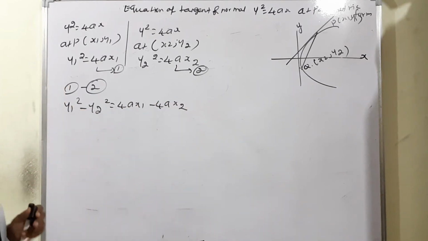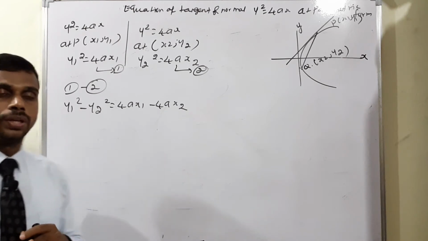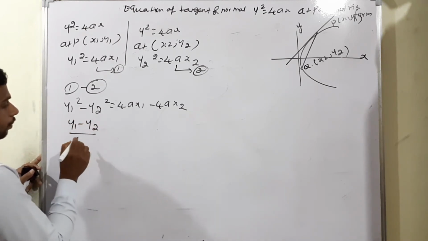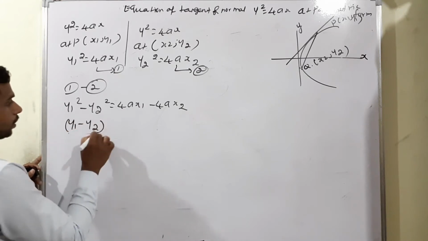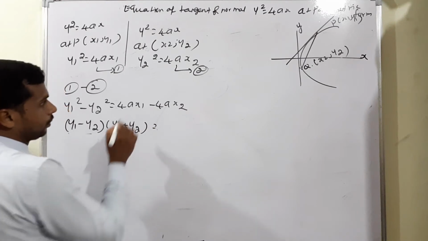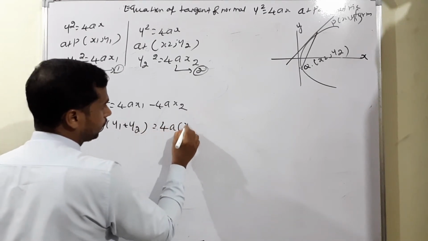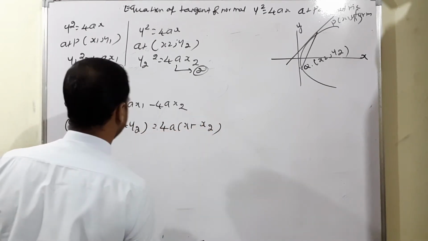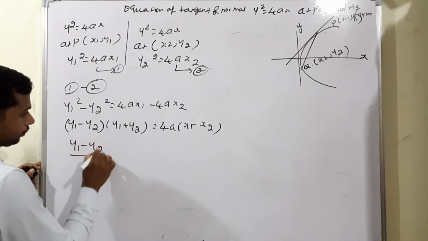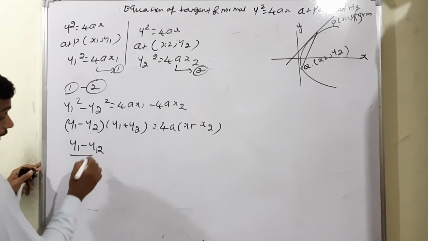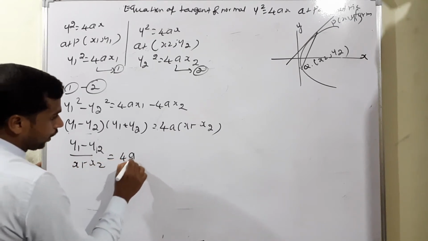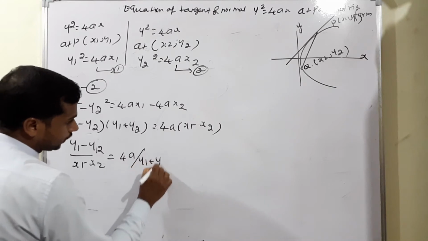A square minus b square is A minus b into A plus b. So we can write y1 minus y2 into y1 plus y2 is equal to 4a, taking common outside, x1 minus x2. Bringing it to the opposite side, y1 minus y2 divided by x1 minus x2 is equal to 4a divided by y1 plus y2.